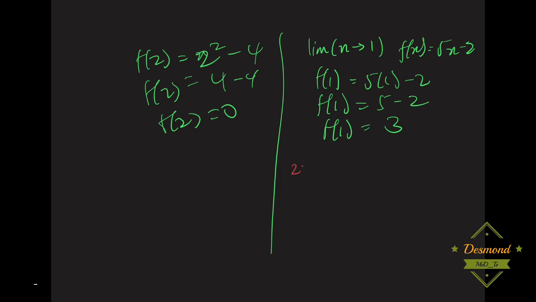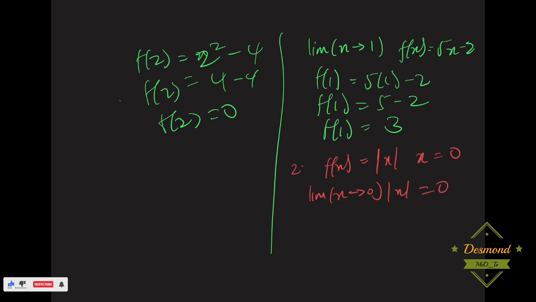The next one is let's determine if the function f of x equal to the absolute value of x is continuous at x equal to 0, right? So first we have to find the limit as x approaches 0 from the left and right. That will be the limit as x approaches 0 of the absolute value of x, and this one is equal to 0.